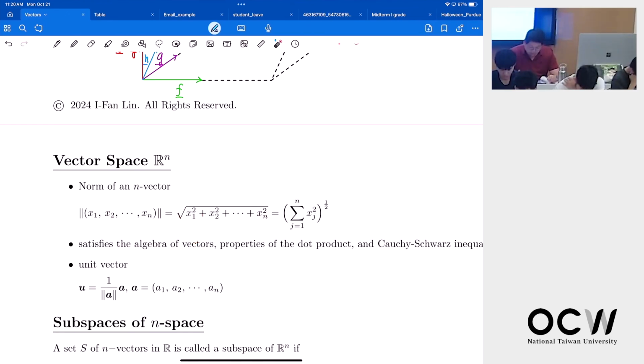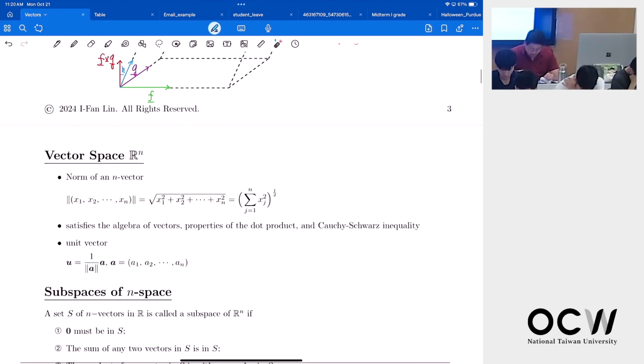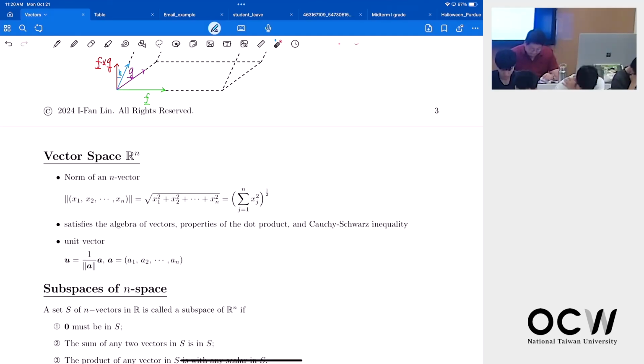Okay. And the vector space should satisfy the algebra of vectors and also the properties of the dot product and also the Cauchy-Schwarz inequality. So if I have n components in my vector, then the unit vector is again the vector divided by its magnitude, or its norm.